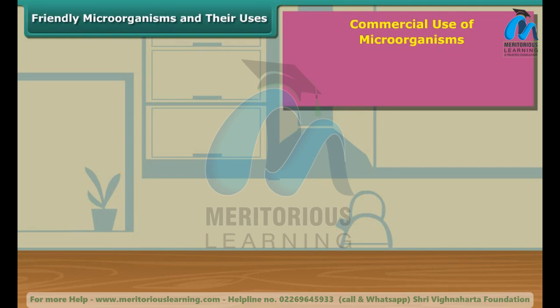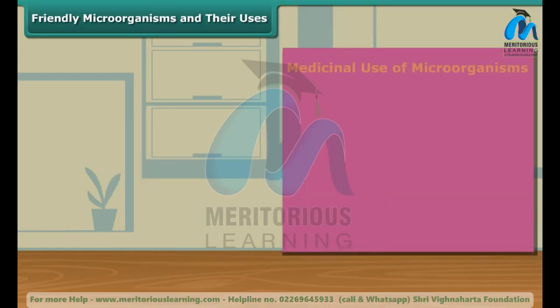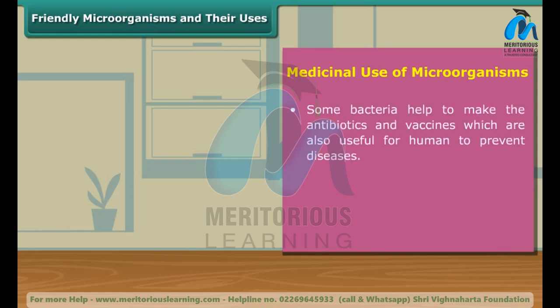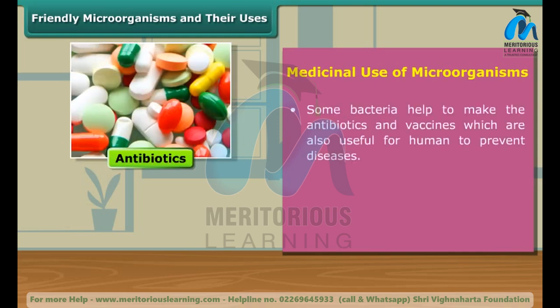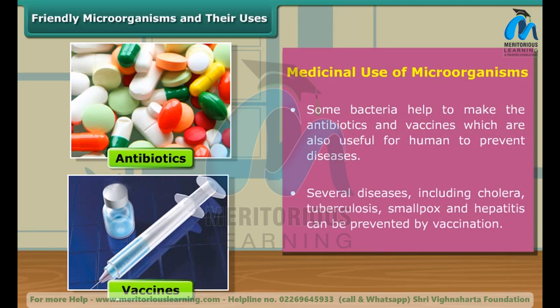For instance, yeast is used in the distillery industry for large-scale production of alcohol, beer, and wine. Some other bacteria are helpful in the production of antibiotics and vaccines. Vaccination is helpful against several diseases including cholera, tuberculosis, smallpox, and hepatitis.